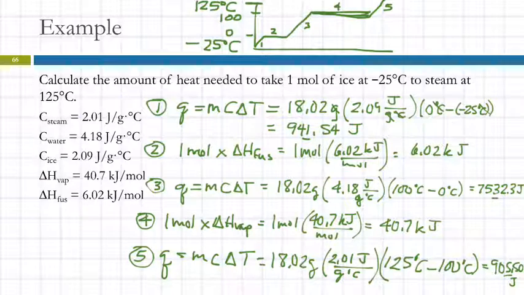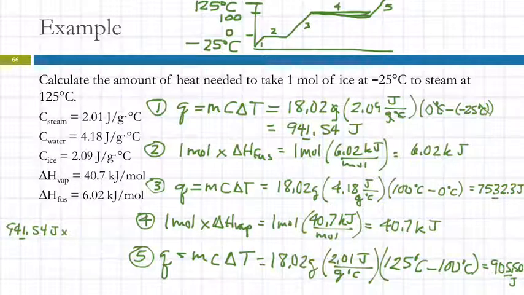Just looking ahead, you can tell that kilojoules would be a good unit because we're already at 40 here, kilojoules. And so this might be a really big number to be in joules. So let's convert all of these to kilojoules and then do the adding. So let's just look at this first one. 941.54 joules.